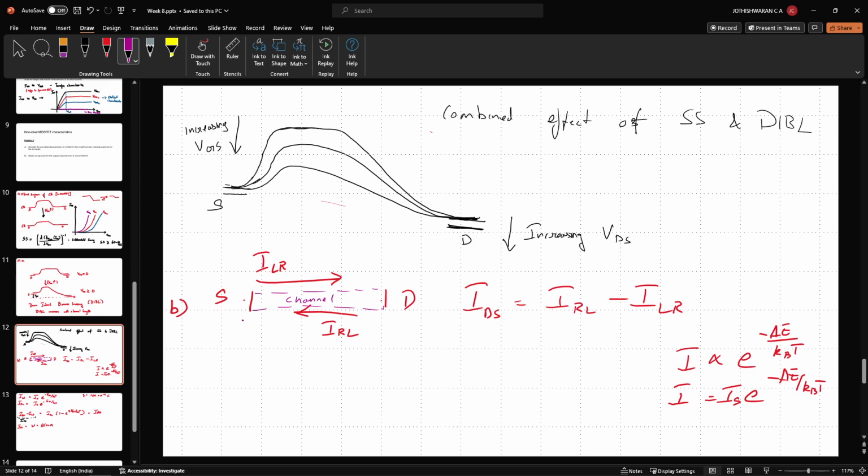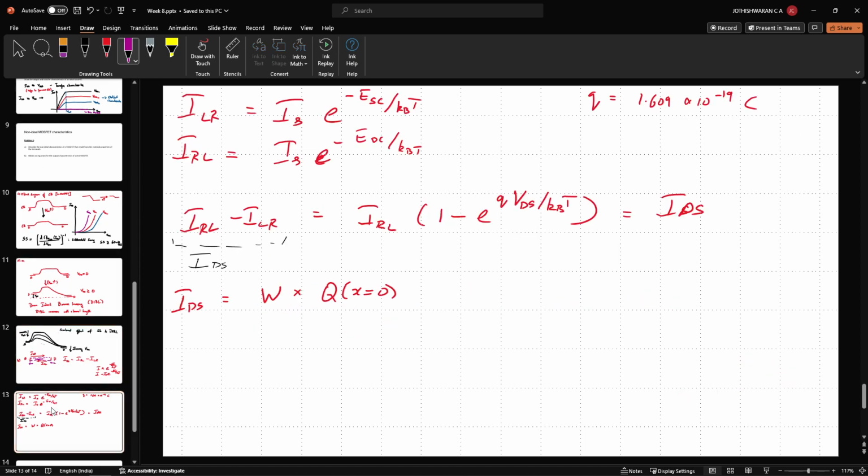And what I'm saying is this point is x equal to 0, and this is x equal to L, where L is the channel length. Okay, so whatever charge I have at x equal to 0 multiplied by, oh sorry, let me just change the color. I need to erase this.